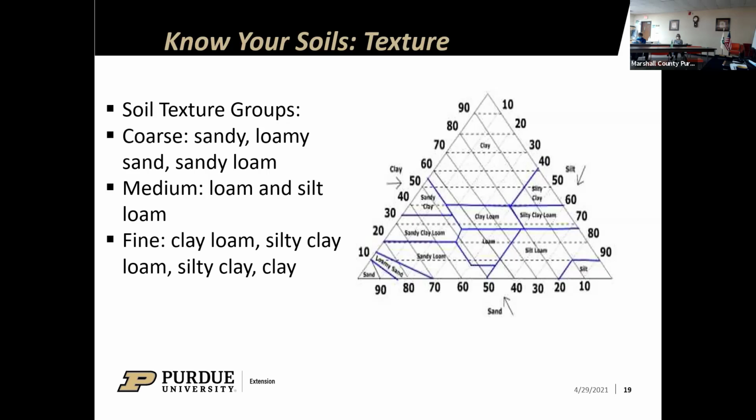If you have a loam soil, like a Napanee loam that I grew up in my youth, it's our best mixture of these inorganic minerals to form a soil, and we'll get to that a little bit more, and silt loam, so that's a medium soil. And then the fine soils are the clay loams, silty clay loams, silty clay, and clays. In these soils, they become overpowered by the clay content in the soil.